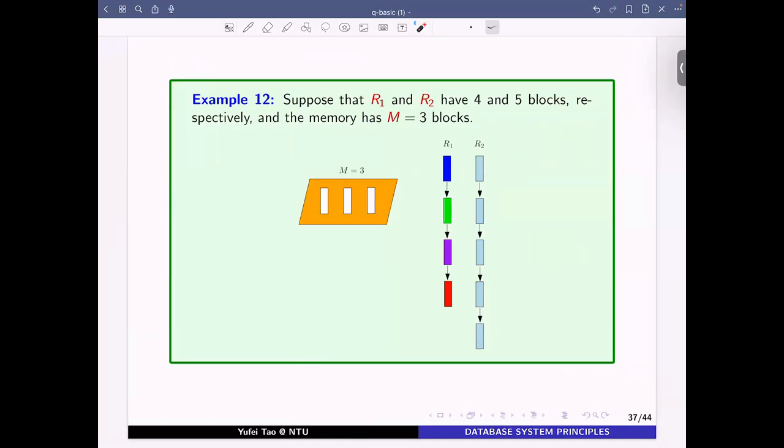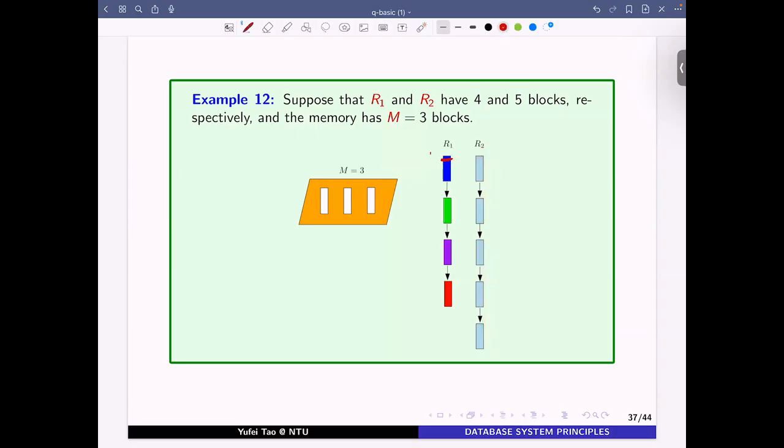So conceptually, you would like to do the following. Imagine you do a for loop. This is the first tuple in R1, and then you want to go through all the tuples here. For each tuple in R2, you want to perform a handshake with this first tuple.